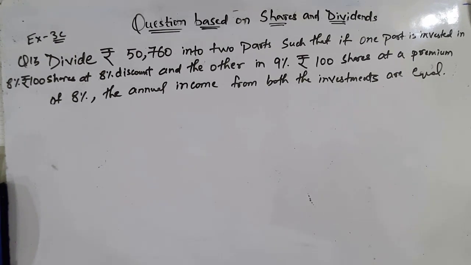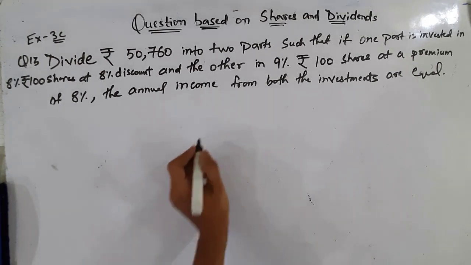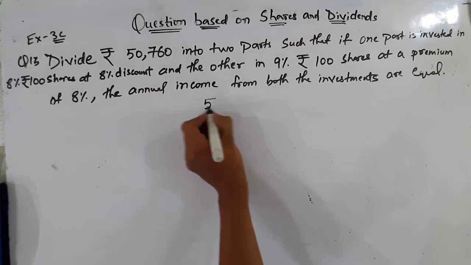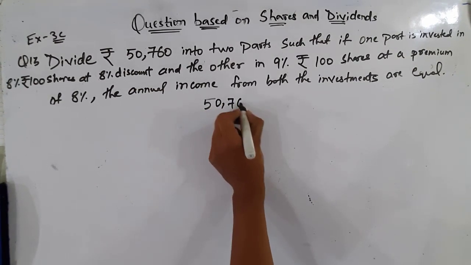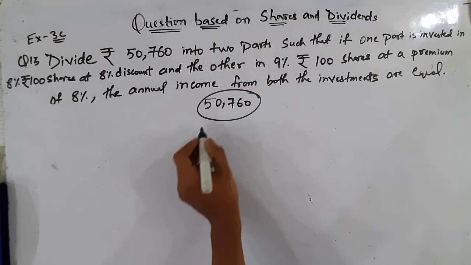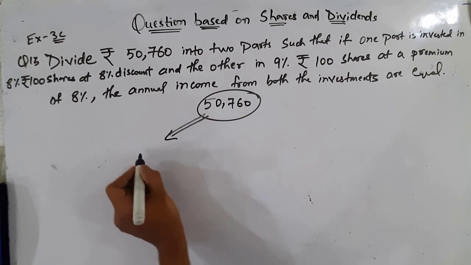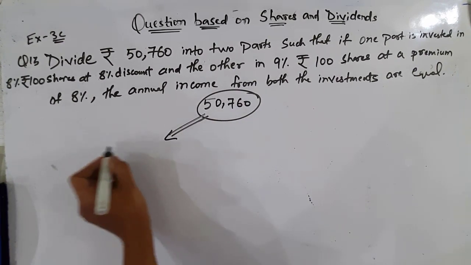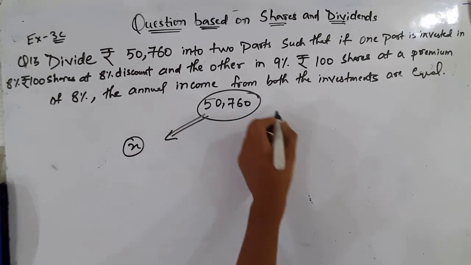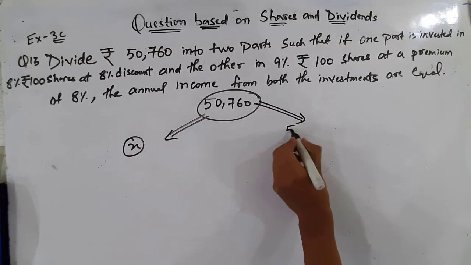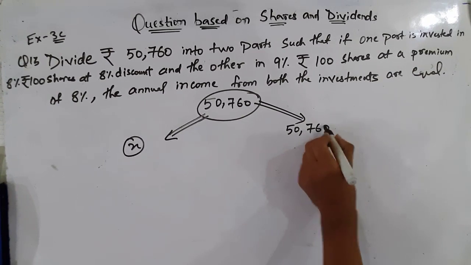So we have to find the two parts. We have total money 50,760. Since this is divided into two parts, we can take one part to be X. So the other part will be 50,760 minus X.